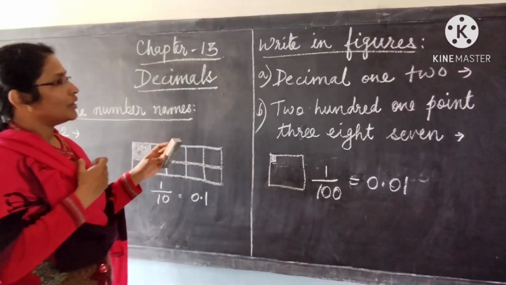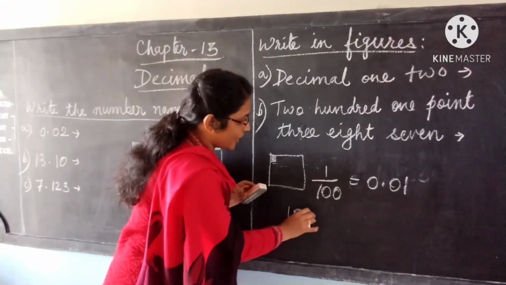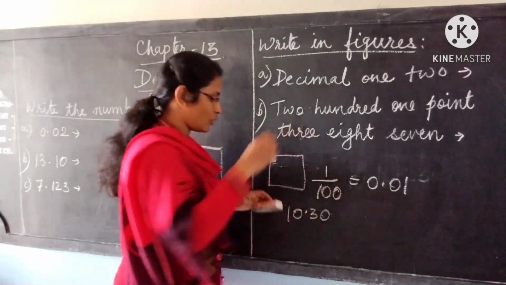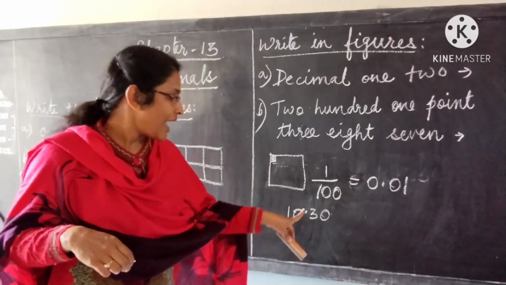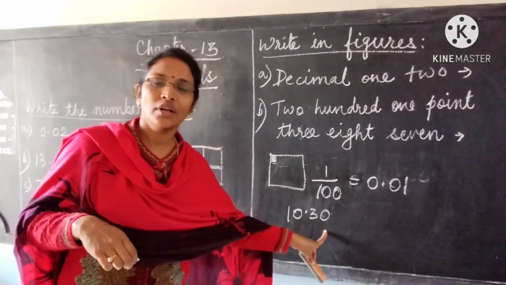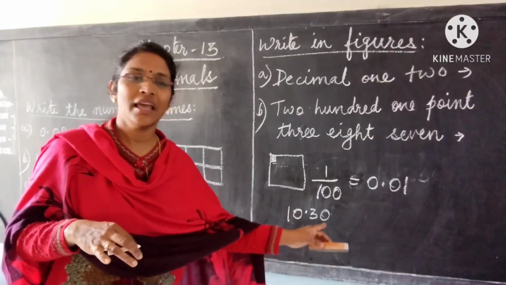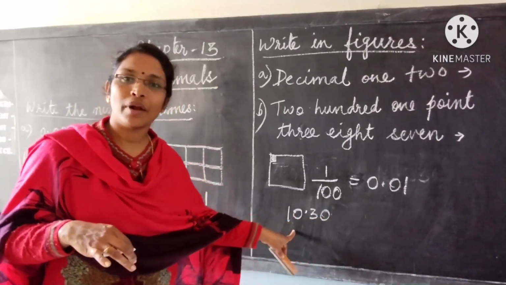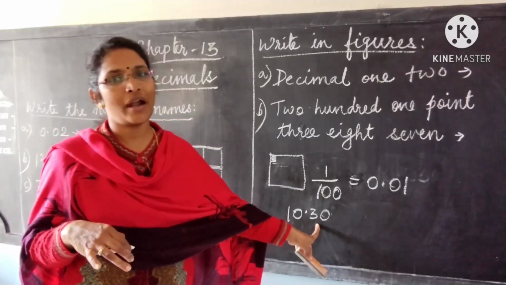You can see here now 10.30. Here you can see 10 is a whole number and 0.30 is the decimal part. It's a mixed decimal. It has two parts. One part is the whole number and the other part is the decimal part.